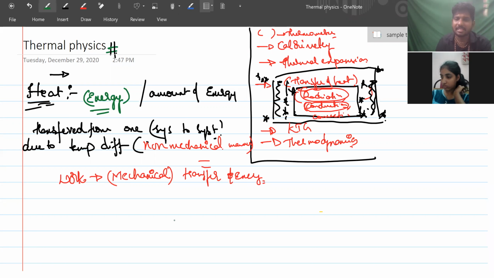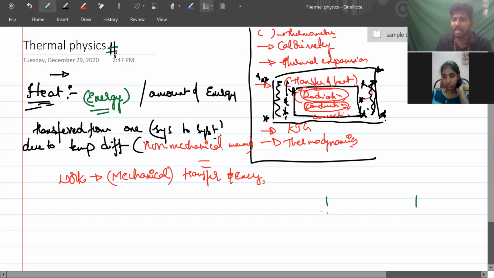Non-mechanical means just due to temperature difference. You are not using any machine here. So temperature difference will cause the transfer of heat. Suppose you keep a cup of tea on the table and suddenly heat transfer happens from tea to surroundings. Are you doing any mechanical work there?